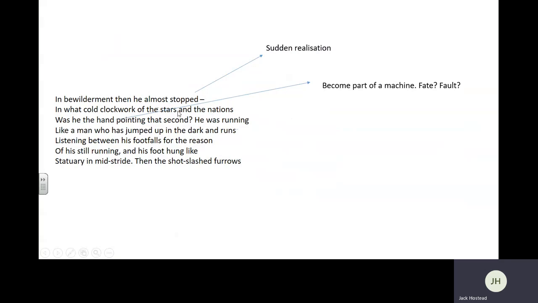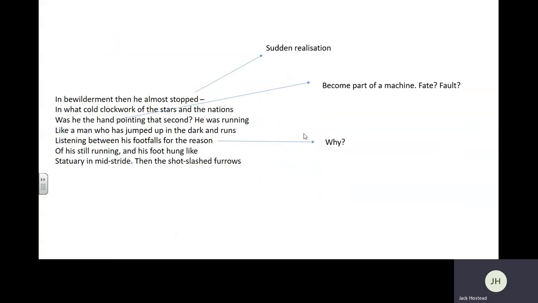So when we think about the stars, we think about kind of fate. So is it fate's fault? All right, was this always going to happen? Or is it the nations, people who have kind of made these decisions, have kind of turned him into this cog in a machine?